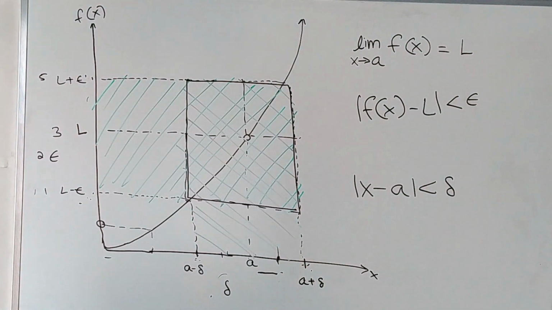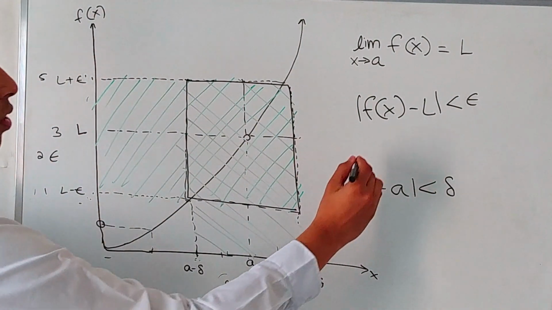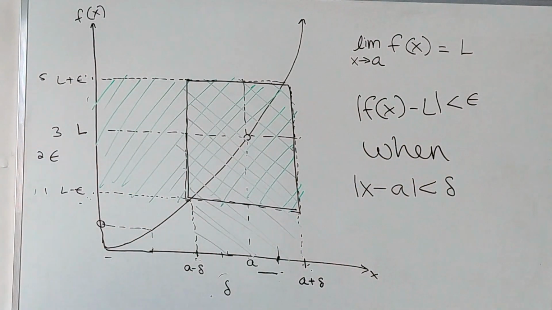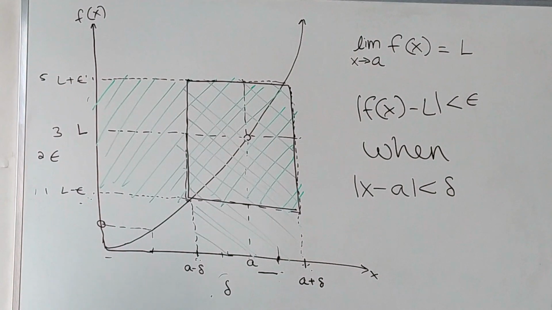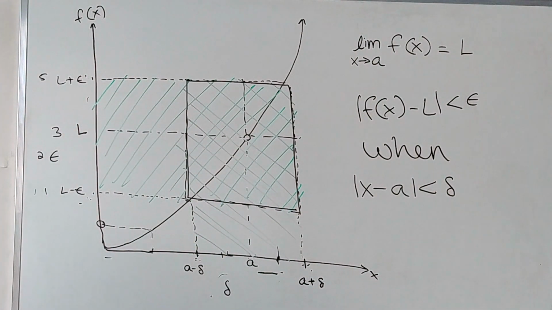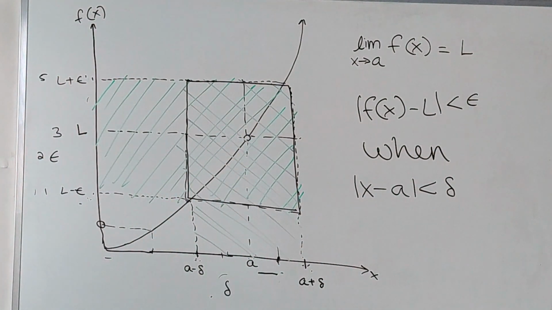However, that's not yet complete, because this is only true when this is true. This will hold true that f of x will be in the range of epsilon right over there when x is in the range of delta. Ta-da! And we are pretty much done with the definition.